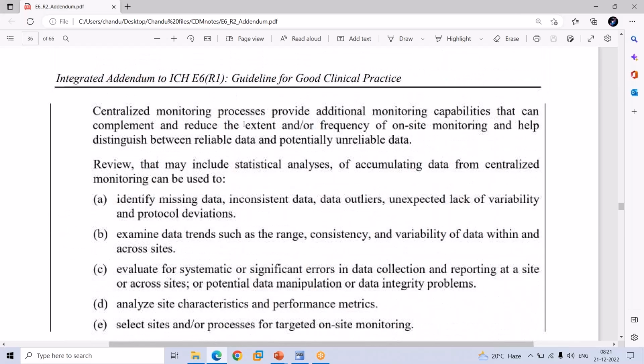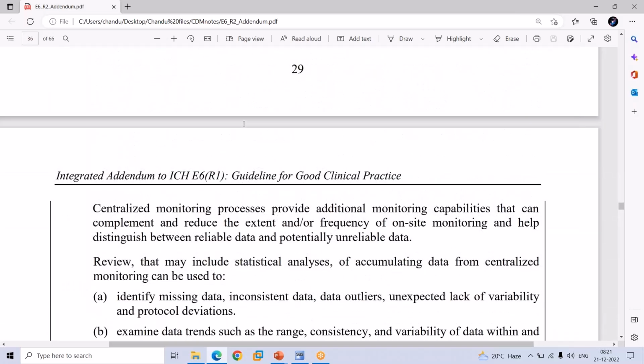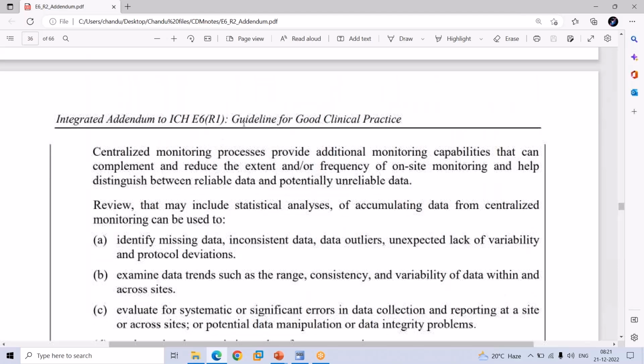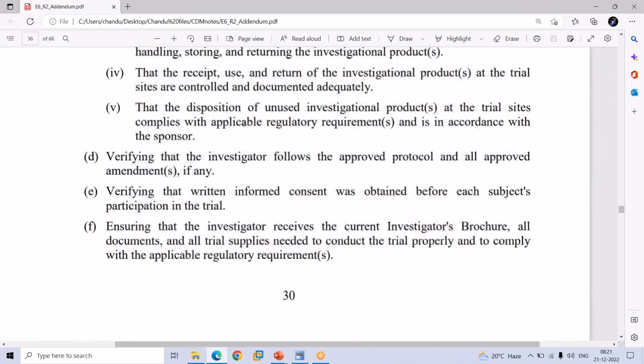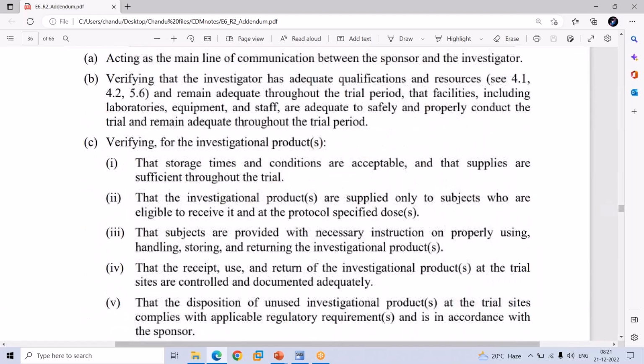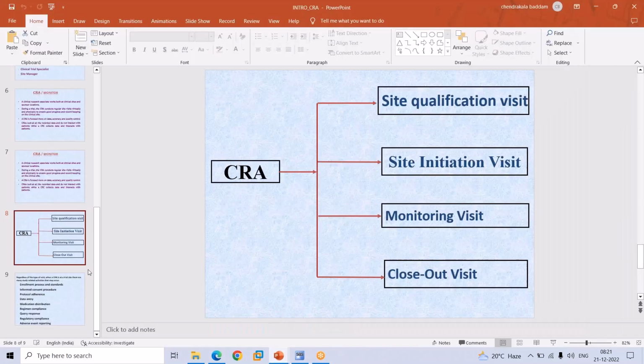So those are all given here: risk-based monitoring, on-site monitoring, centralized monitoring. Okay. So this is the types of monitoring, types of visits.